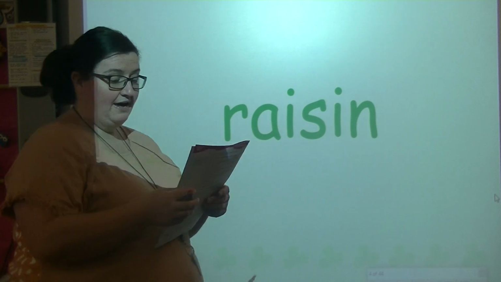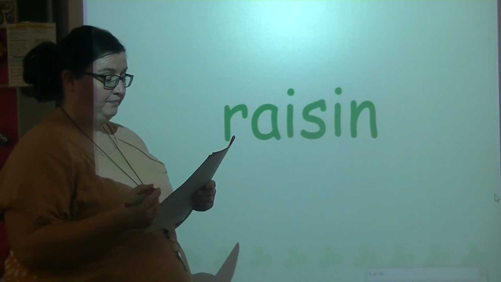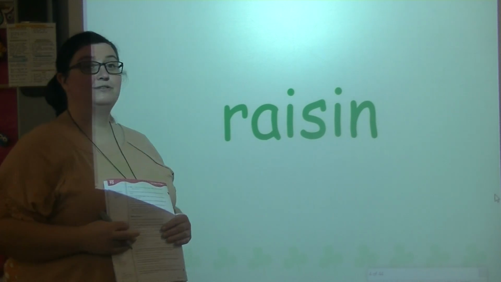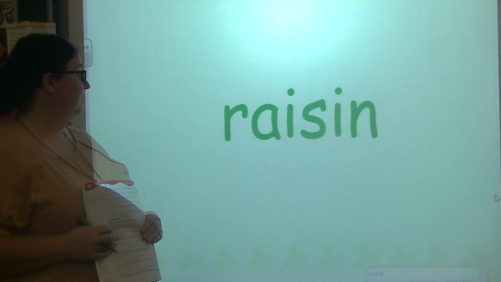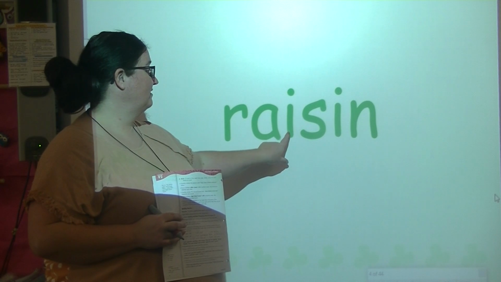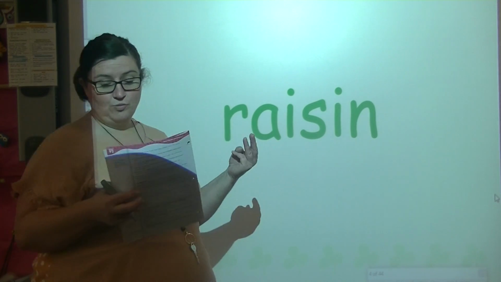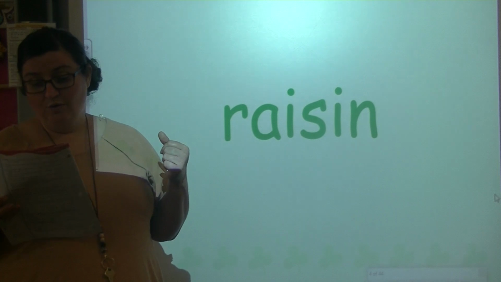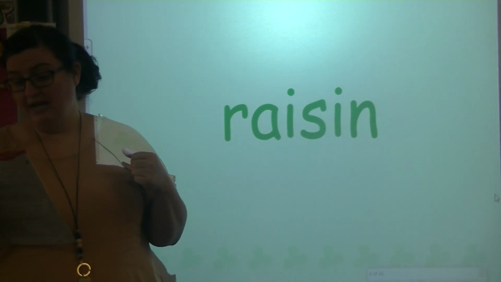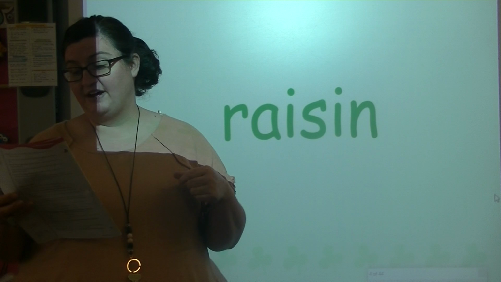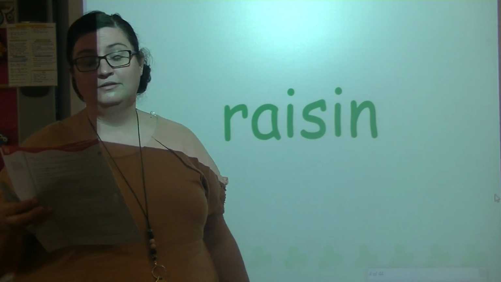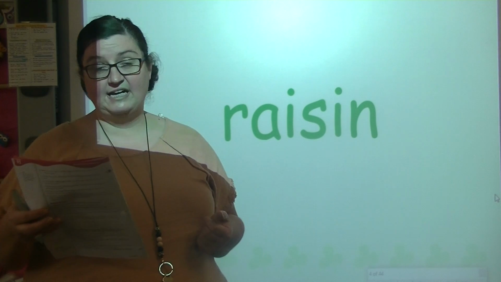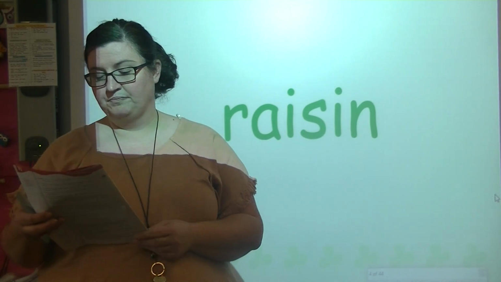All right, do we have vowels? Yes. How many vowels do you see? 1, 2, 3 vowels. What do we do when we have more than one vowel in a word? We find a vowel pattern and divide the vowels into syllables.